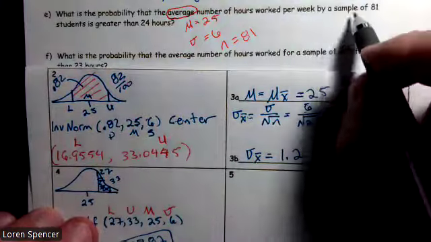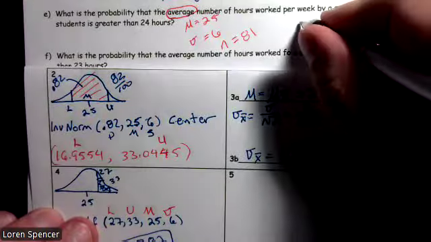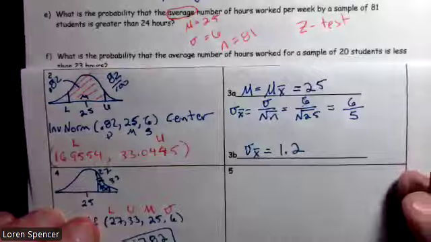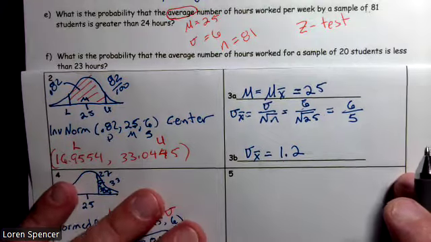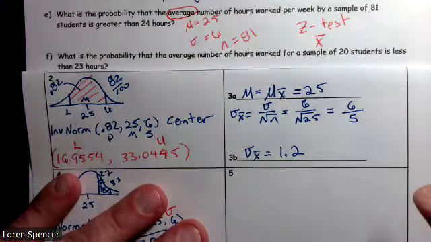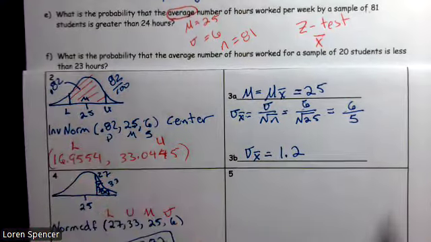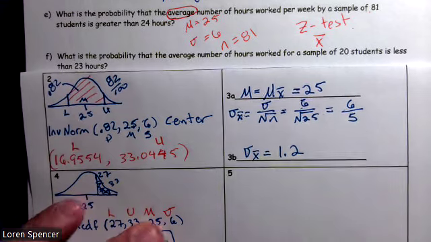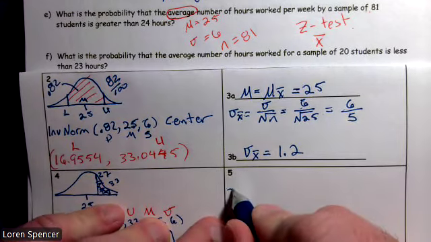Because they're asking for the average and we have a sample size not of 1, we're going to have to use a z-test. And we're looking for the average, which means we're looking for X bar. So let's go ahead and draw this out, and then we're going to try to figure out what we actually need. So our picture is going to look something like this.